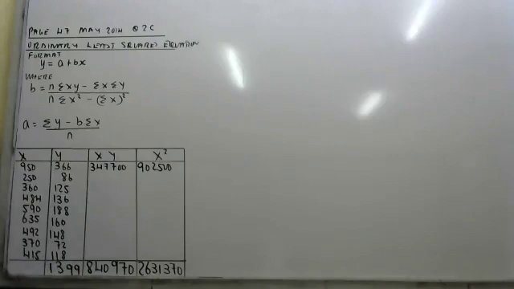Then 950 plus 250 plus 360 plus 484 plus 590 plus 635 plus 492 plus 370 plus 415 is 4546.